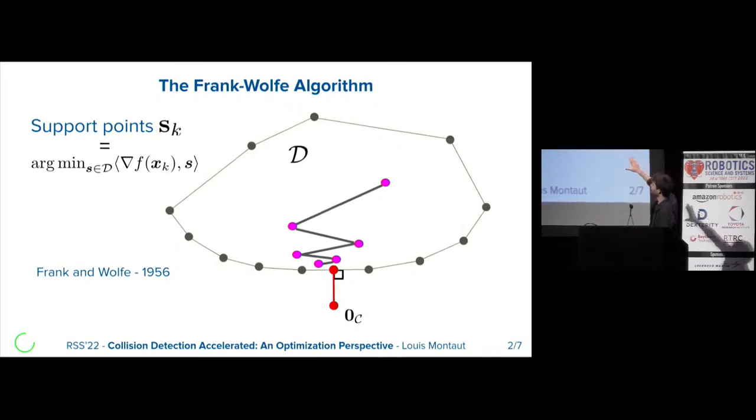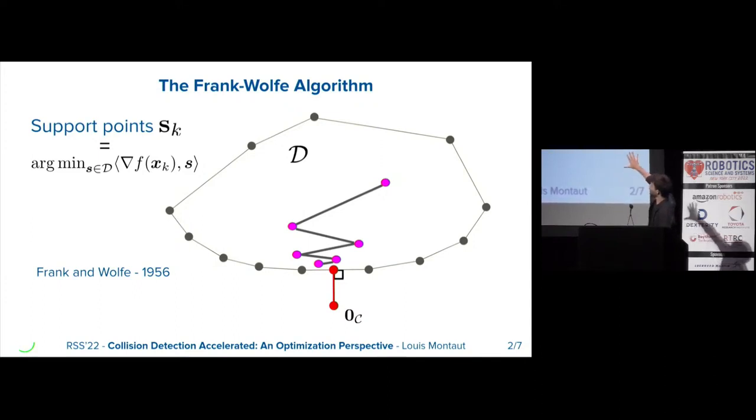It can be understood intuitively as gradient descent modified to stay inside the convex set D. Basically, at each iteration of Frank-Wolfe, we compute a support point by solving a simple linear subproblem. After computing this support point, we move toward it, and by repeating this scheme over and over, we get closer and closer to the optimal solution we're looking for.